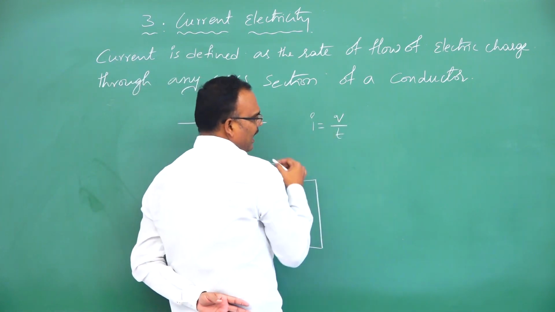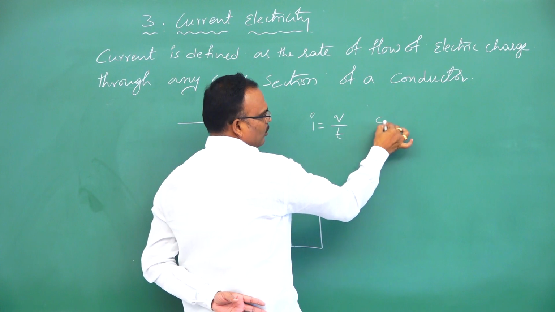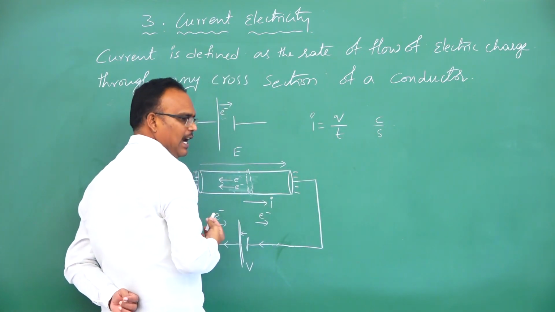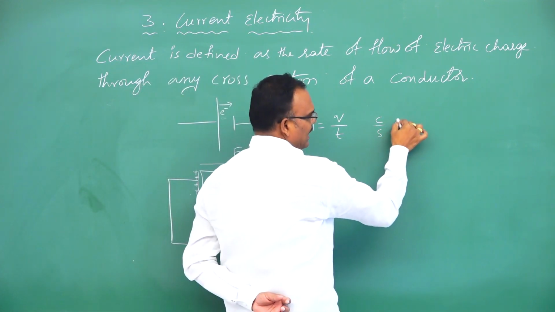See, the SI unit of current. For example, charge unit is coulomb, time unit is second. Coulomb per second is the unit of current, but it can also be called ampere.